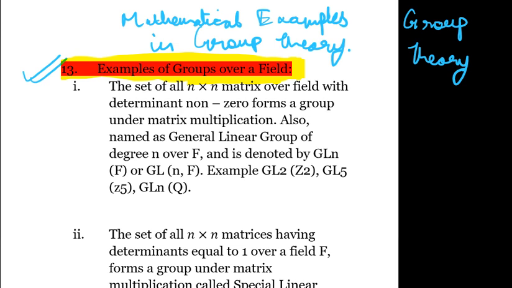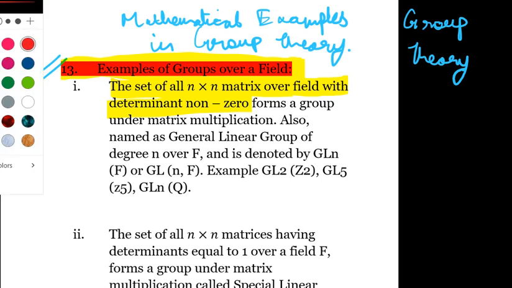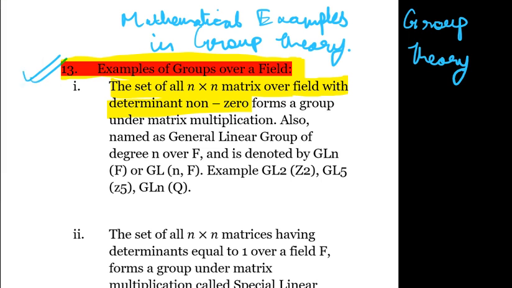The example says: the set of all n cross n matrices over a field with determinant non-zero. I know all of you know how to find the determinant of an n cross n matrix. Say the matrix has entries A11, first row first column, A12, A13, and so on, and it continues this way also.